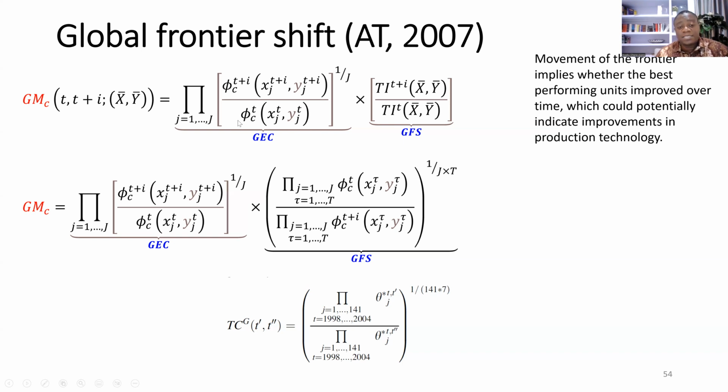That is it. Now watch it carefully. You will notice that I've raised that to 1 over J. The capital J refers to all the firms, so it's simply the geometric mean.